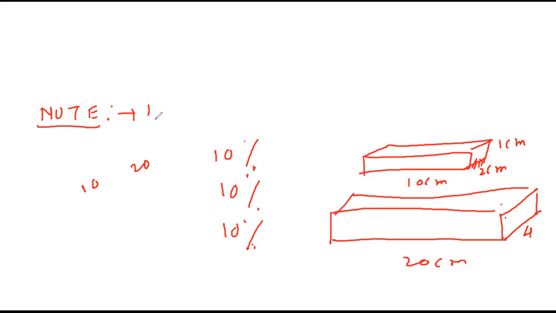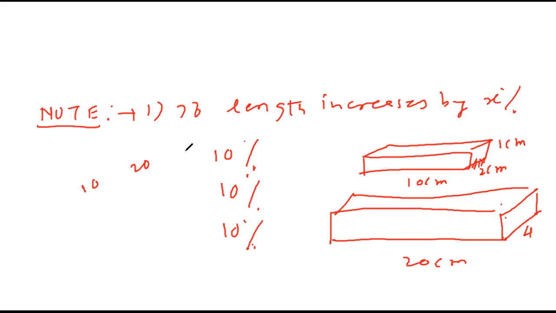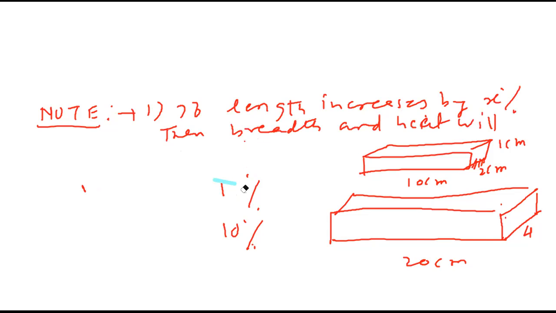So sometimes they can ask, if length increases by x%, where x can be 1, 2, 3, 4, 5, 10, anything, then breadth and height will also increase by the same percent.